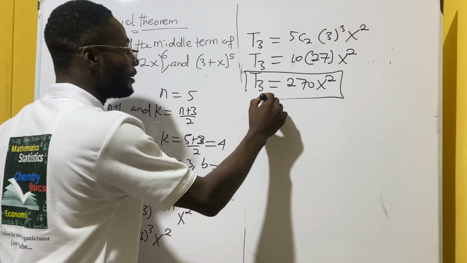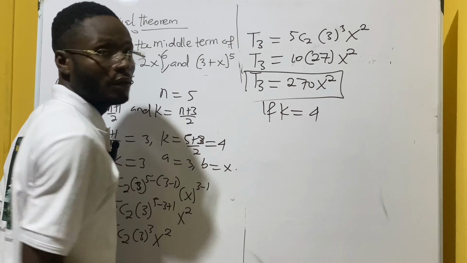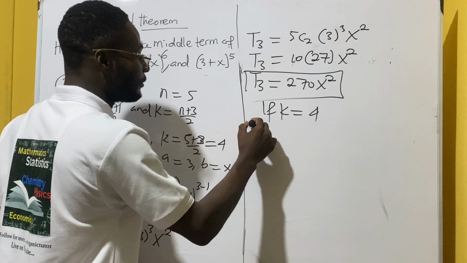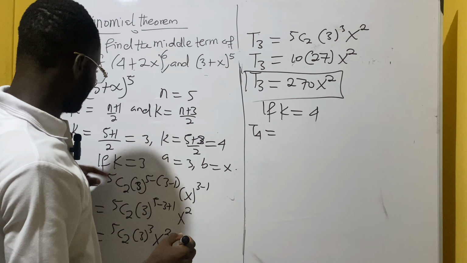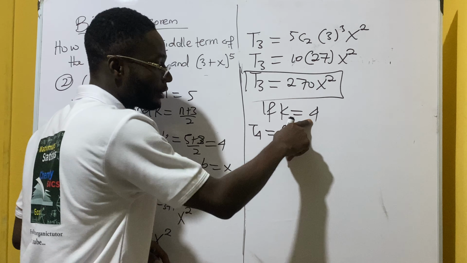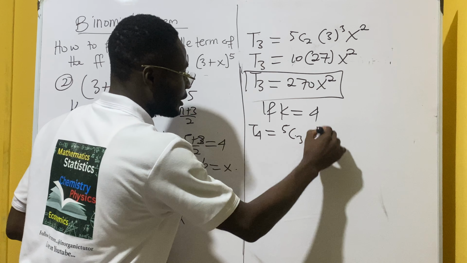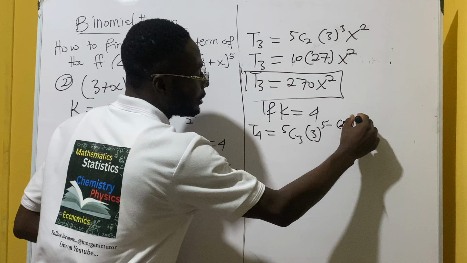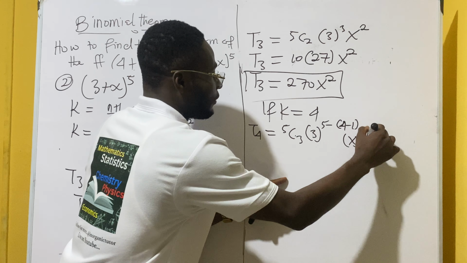Now, let's consider if k equals 4. If k equals 4, then you're going to have t4 equals our formula, which is 5 combination k minus 1, which is 3. Then our a, which is 3 exponent 5 minus 4 minus 1. Then our b, which is x exponent 4 minus 1.